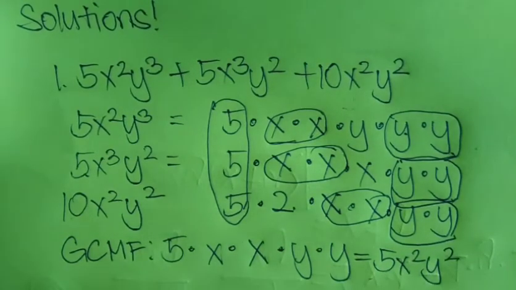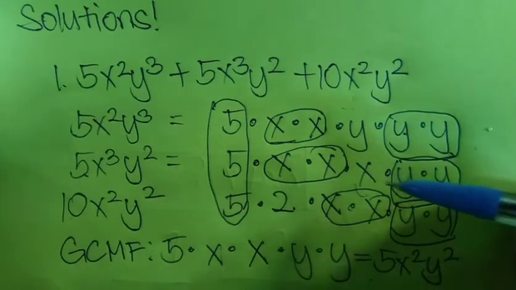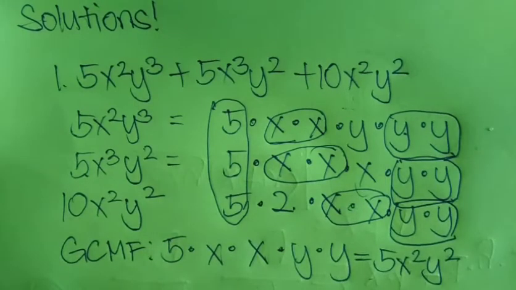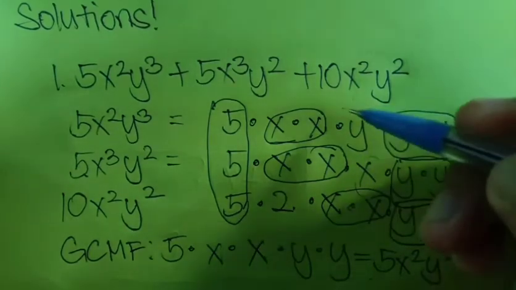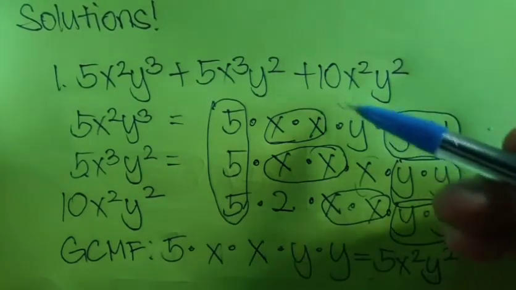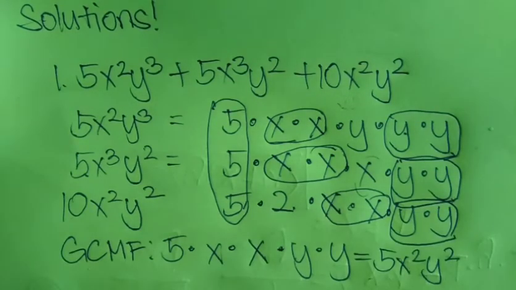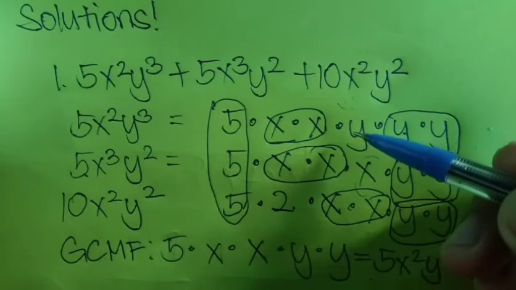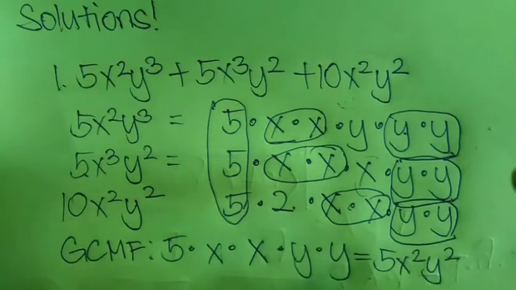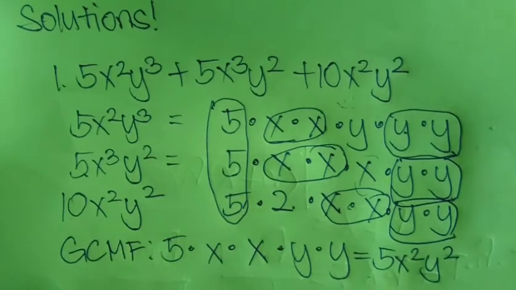An important question that might pop into your mind is, why are these two not included? Since we are pairing common factors here, we need to have a third x for this one. Dapat may pangatlong x dito, or else hindi siya kasama. Same thing with the y. Kung wala rin pangatlong y dito sa dalawa, hindi siya maisama sa GCMF.